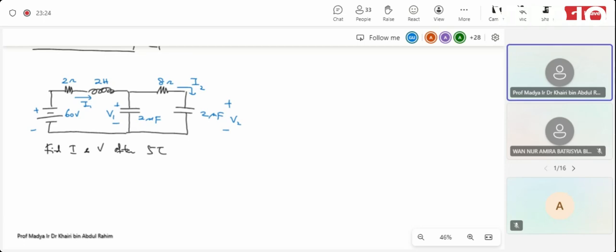Try first. I give you 1 or 2 minutes. You know that 5 tau means steady state. And you know that in steady state, cap becomes open, L becomes short. Okay, try.